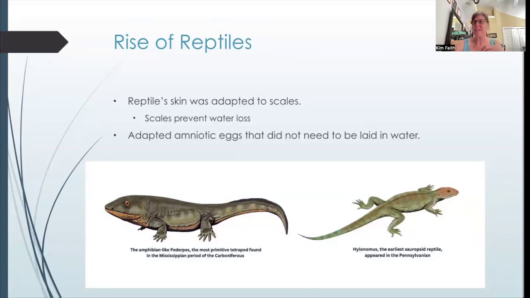When I talk about modifications, again, I'm talking about mutations that have been selected for or against. Those adaptations have allowed the formation of what's called an amniotic egg. An amniotic egg does not have to be laid in water. So we can see some of these organisms that we think would be very similar to what we saw during the Carboniferous period.